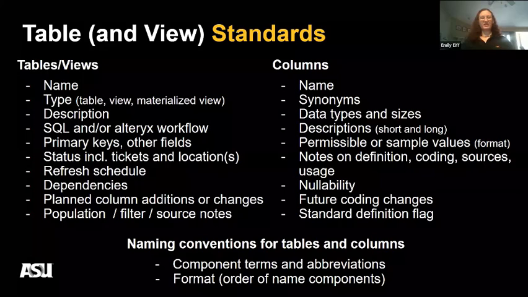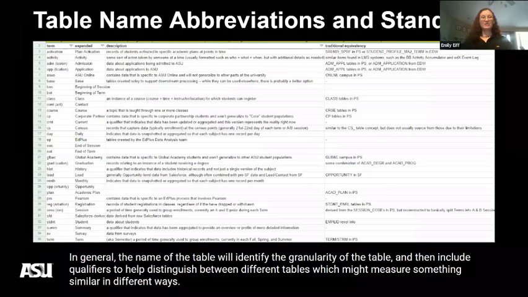This list specifically indicates our preferred terminology, as well as which terms we abbreviate and how we abbreviate those. The note at the bottom there about granularity and distinguishing details is sort of our guideline for how to create a unique and informative, if usually very long, table name.